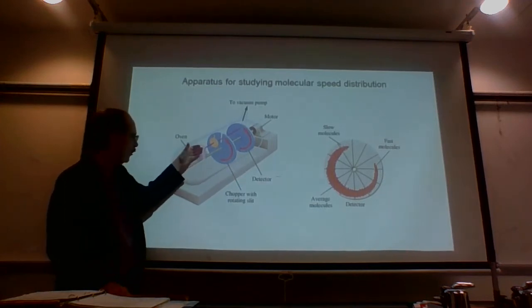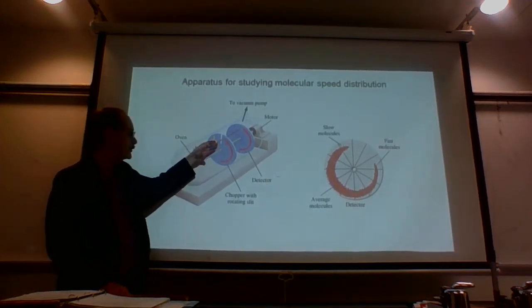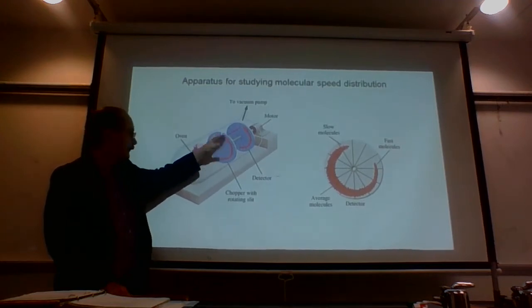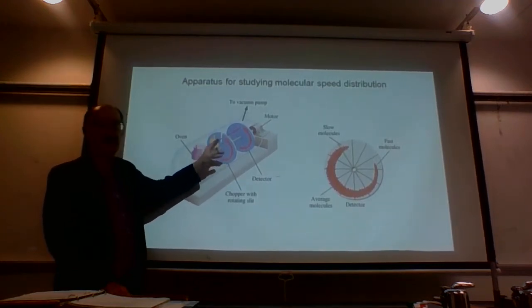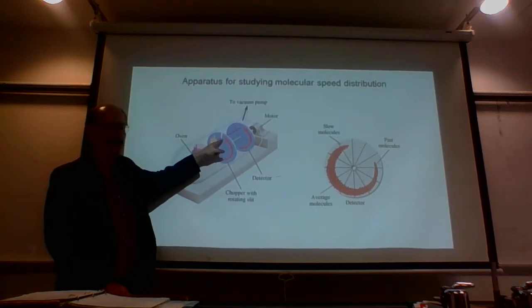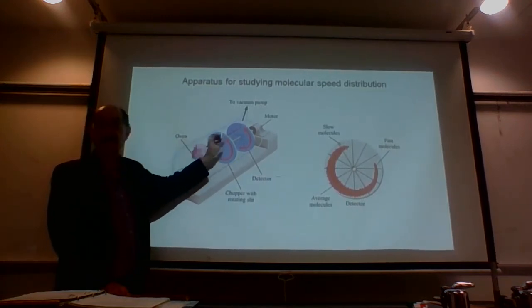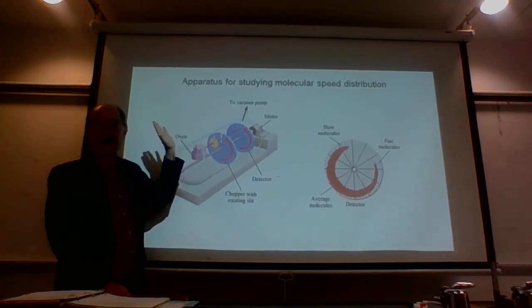That means that when this stream of particles gets in there, if the disc is at any position other than when the slit is in the path of the stream, the gas molecules will bounce off and not make it through.